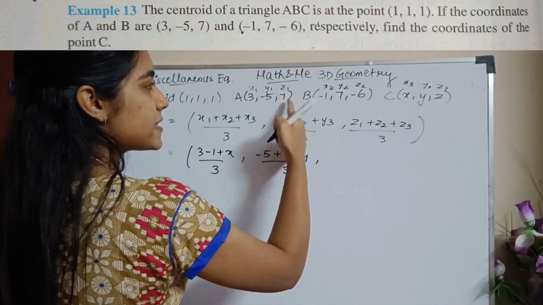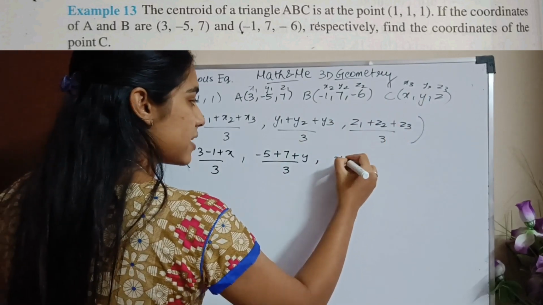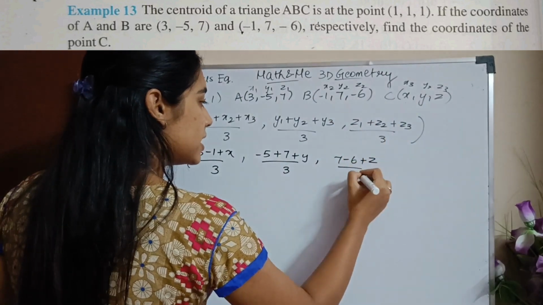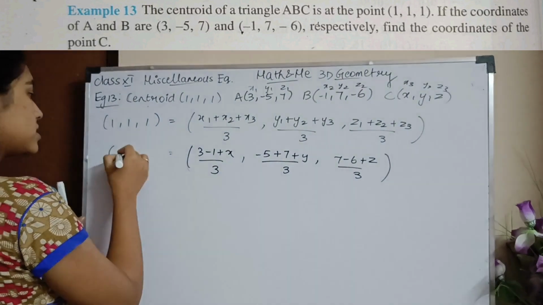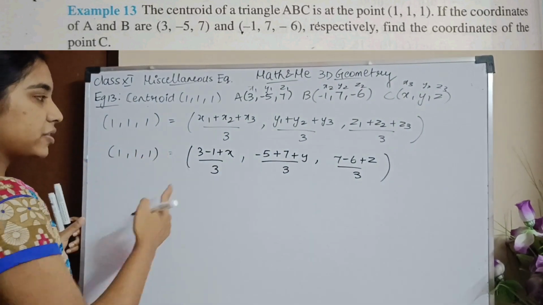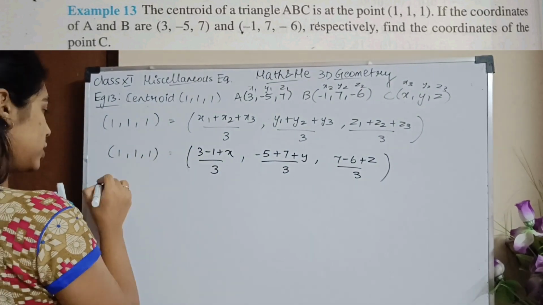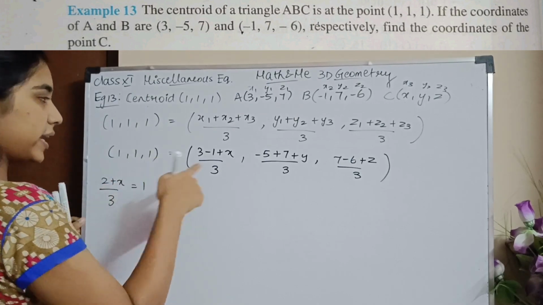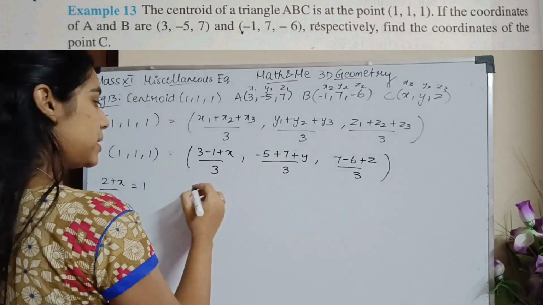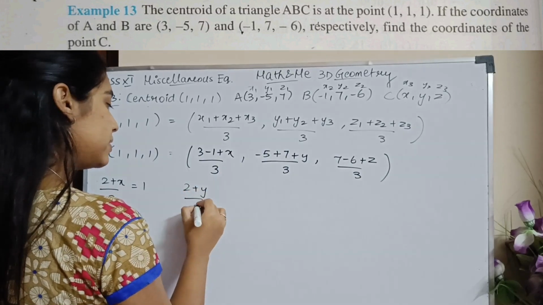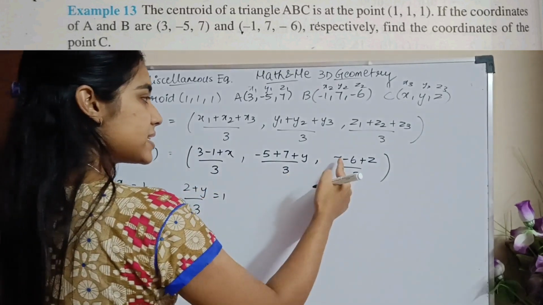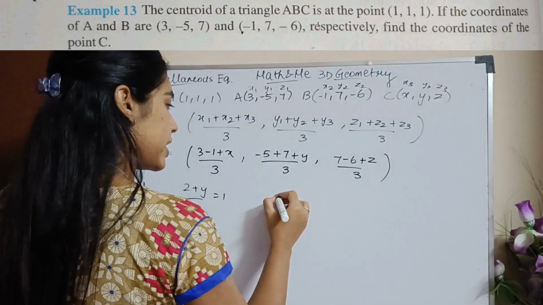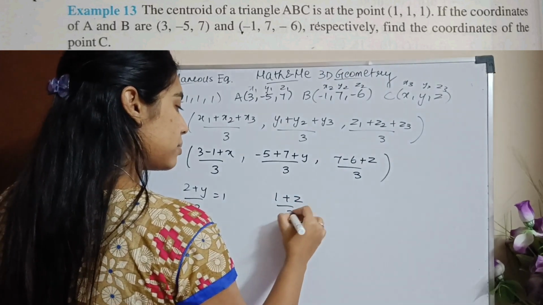For z: 7 minus 6 plus z divided by 3. I am going to equate each of these to the coordinates of the centroid. 3 minus 1 is 2, so 2 plus x divided by 3 is 1. This is the x coordinate. For y, minus 5 plus 7, so 2 plus y divided by 3 equals 1. For z, 7 minus 6 is 1, so 1 plus z divided by 3 equals 1.